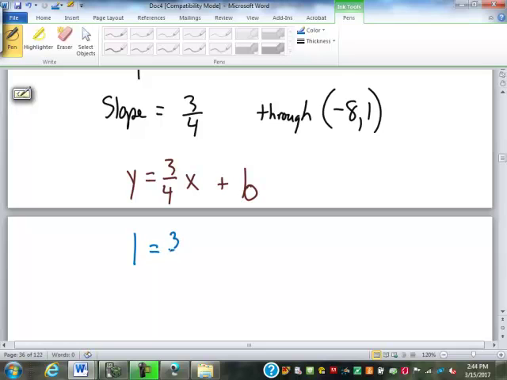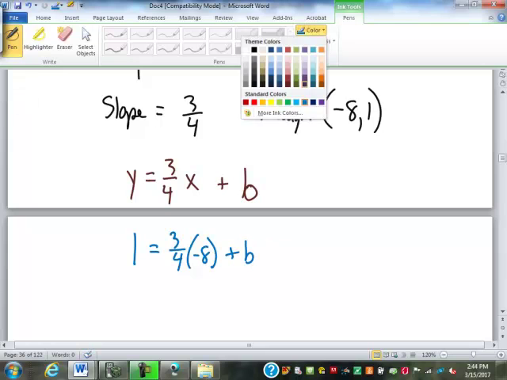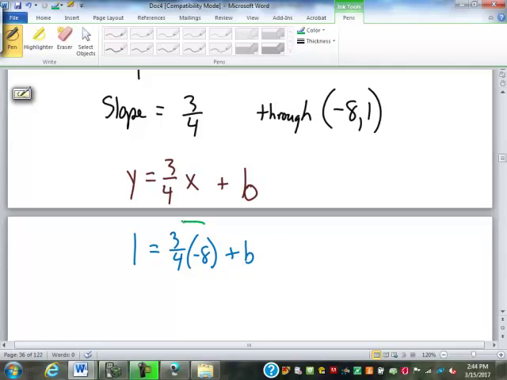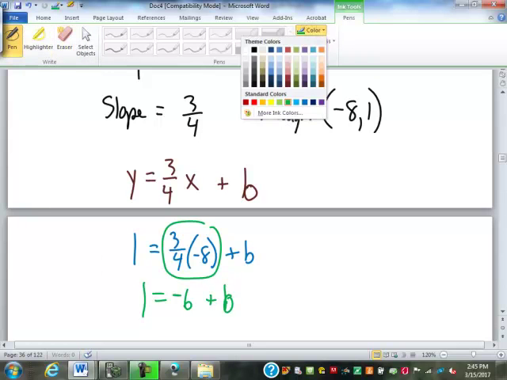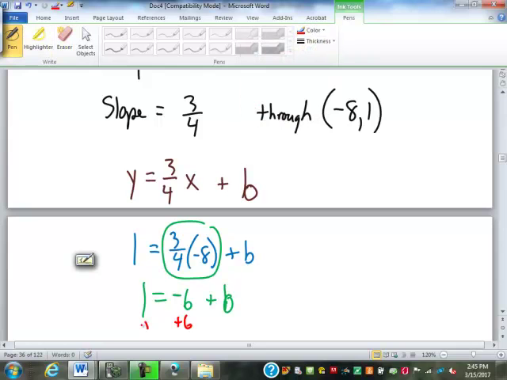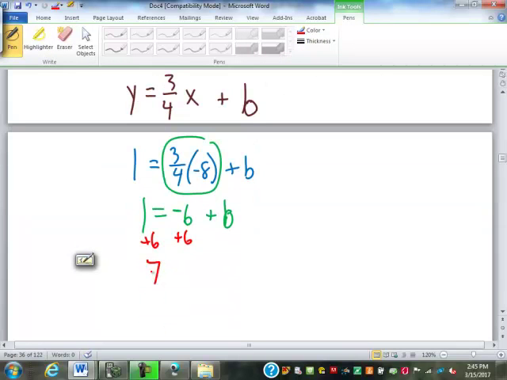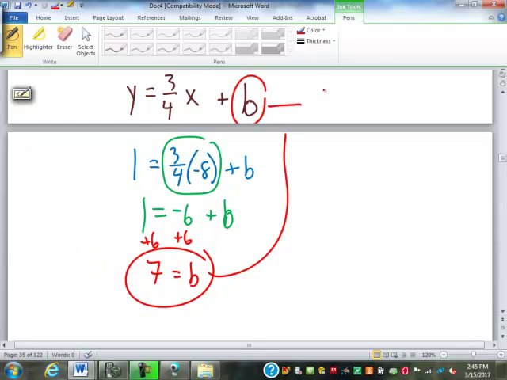Perfect. Put the 1 in for y and the negative 8 in for x. And then? Three-fourths times negative 8 is negative 6. Then what? It's a negative 6, so we add 6. 7 equals b, so that means plus 7. Good. Y equals 3/4 x plus 7.